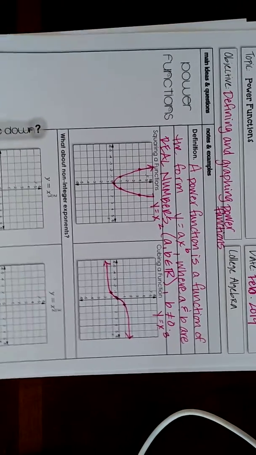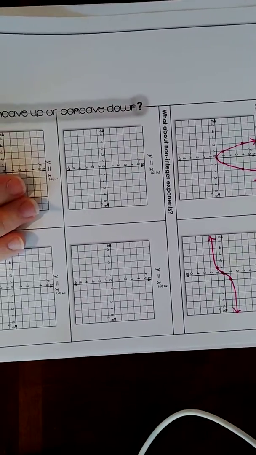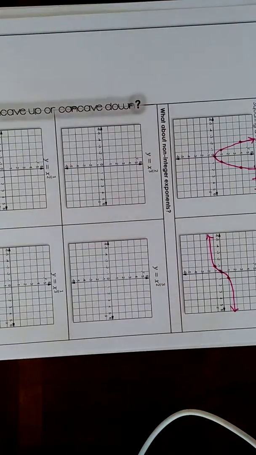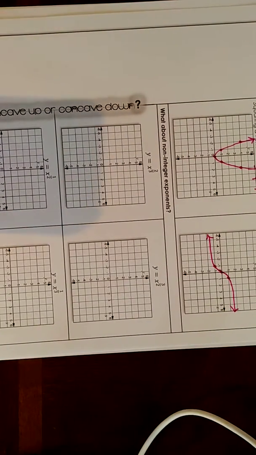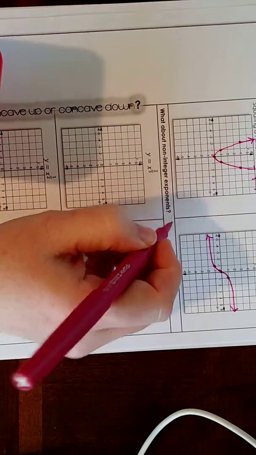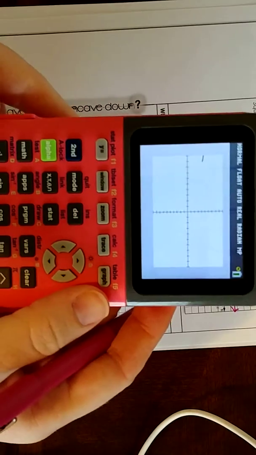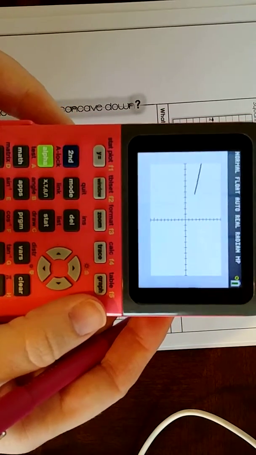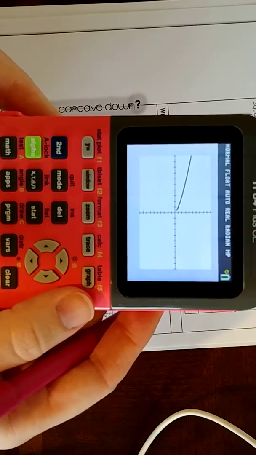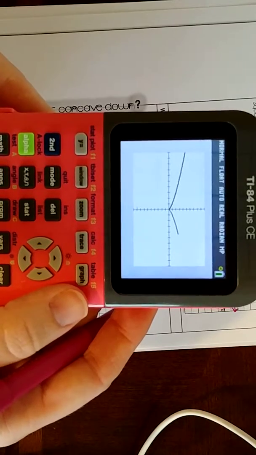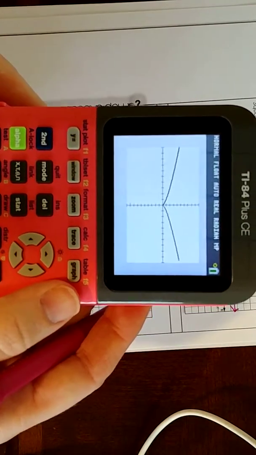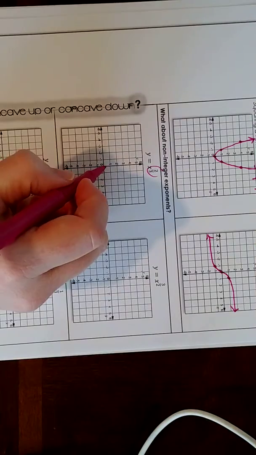If we have y is equal to x to the power of 2/3. So in other words, if I have a fractional exponent, okay, this is going to look something like this. All right, so let's graph that out.